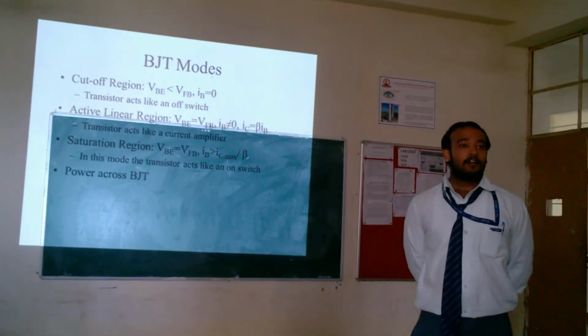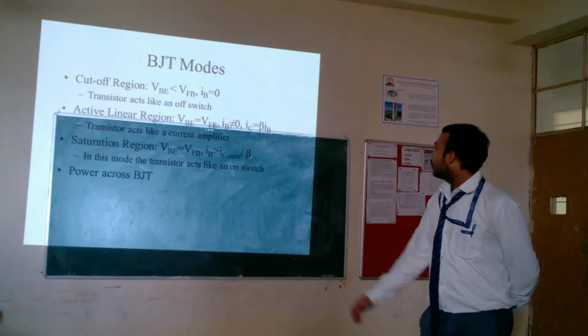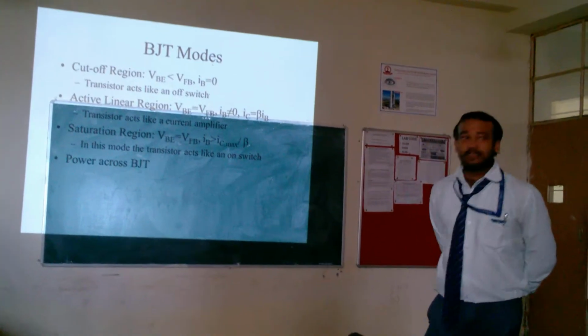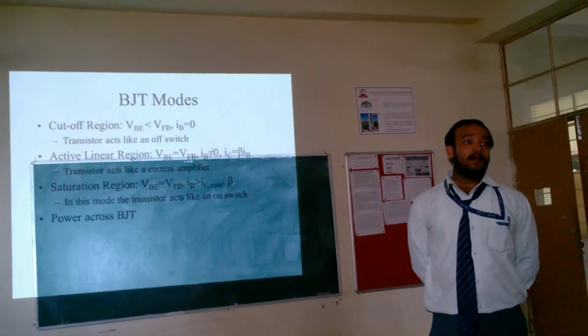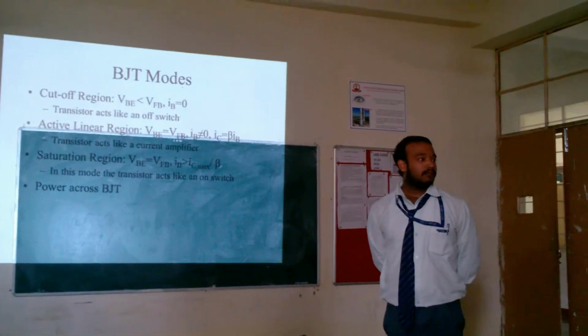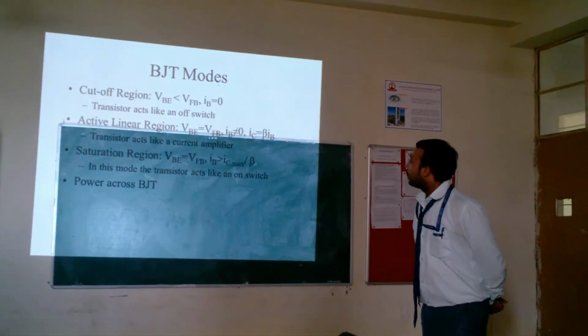The saturation region is where both the collector-base and emitter-base are in forward bias.